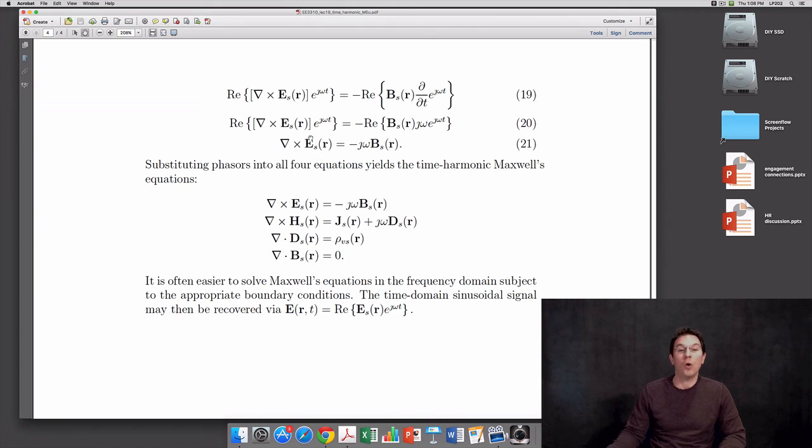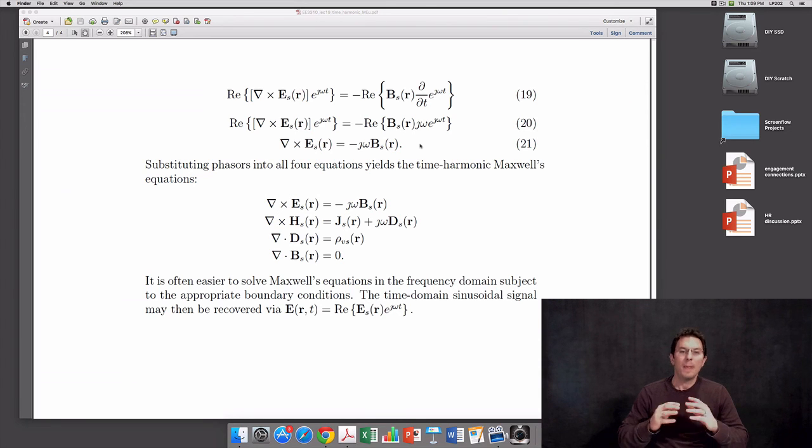Noting that e to the j omega t is going to cancel out from both sides of the equation, we arrive right here at equation 21. This is the frequency domain version of Ampere's law, or excuse me, of Faraday's law. So this is the frequency domain Faraday's law.